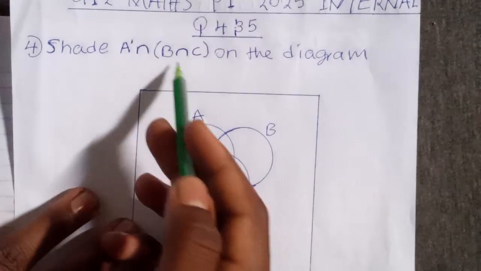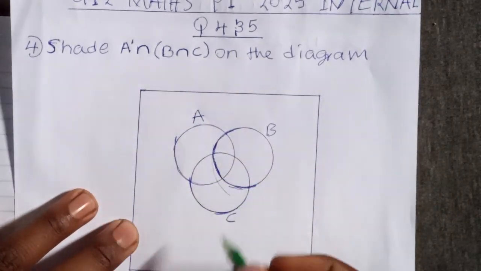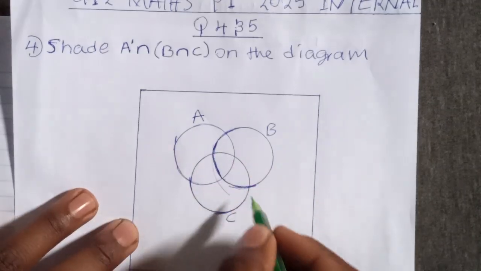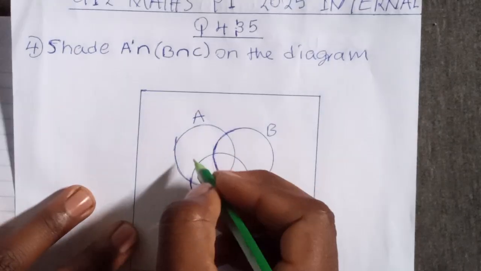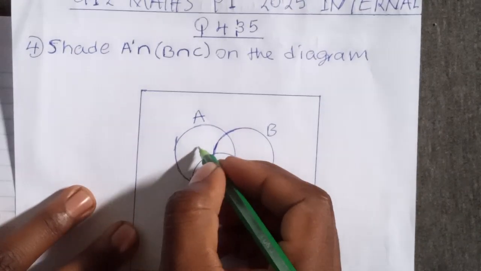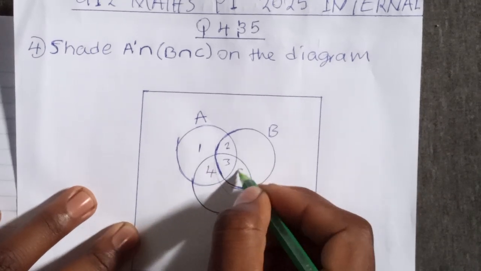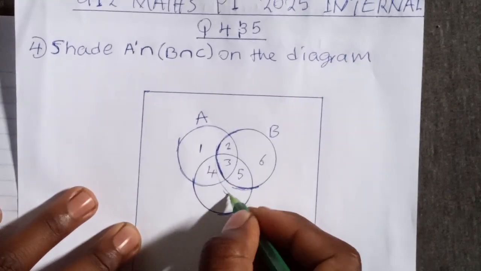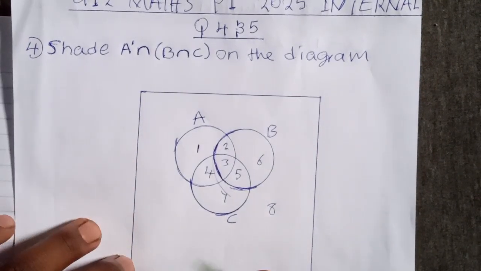You can use letters or numbers. As for me, I will just use numbers: 1, 2, 3, 4, 5, 6, 7, and 8 as the universal set.